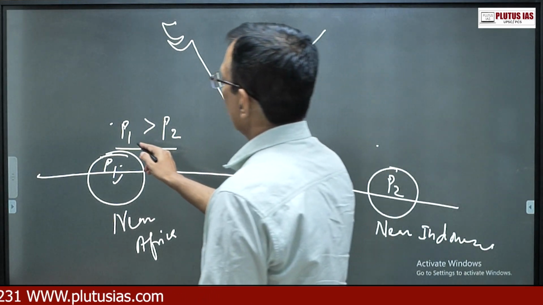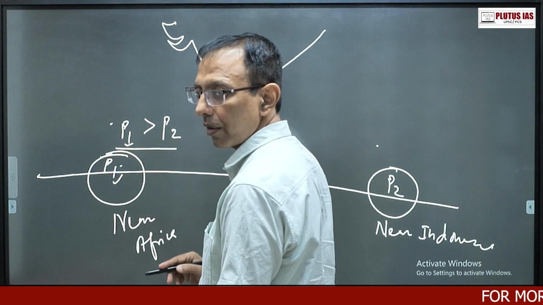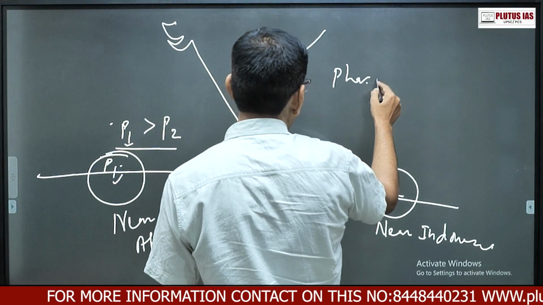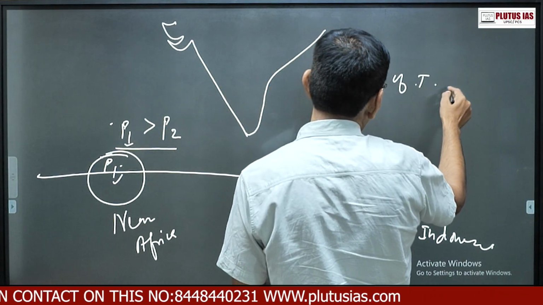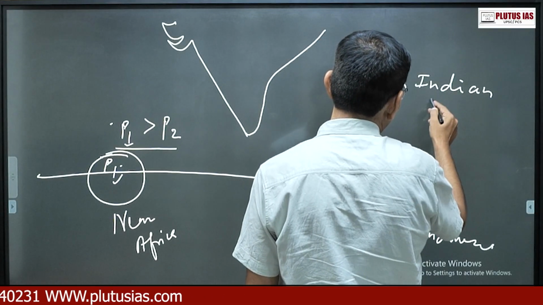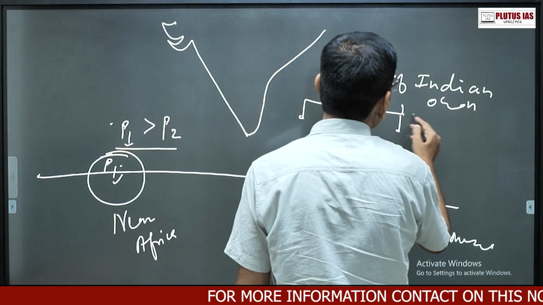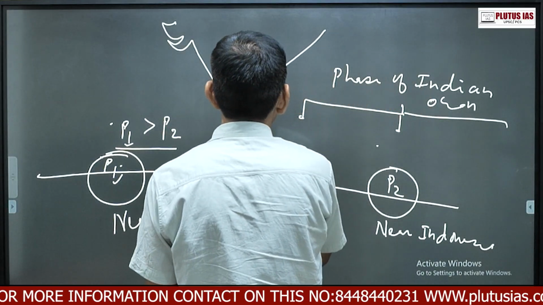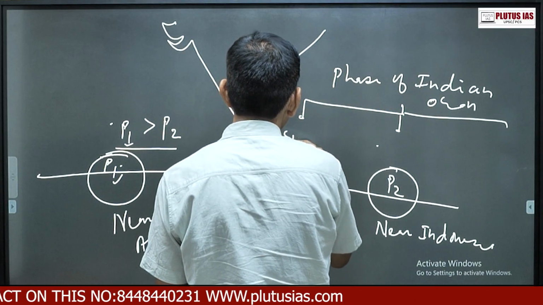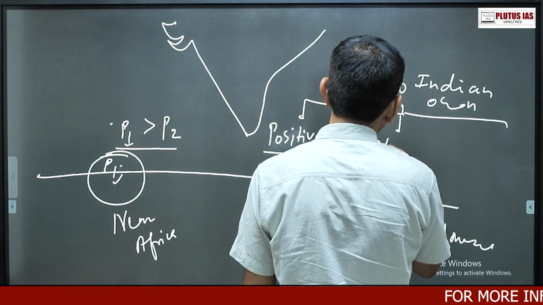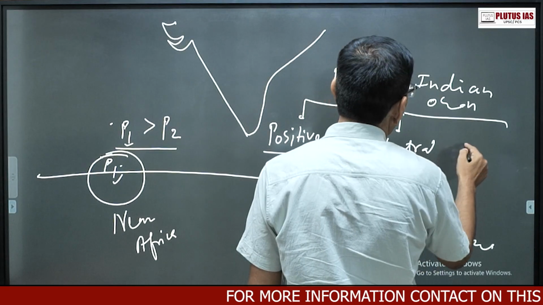So this pressure 1 is greater than pressure 2. The phase of the Indian Ocean is identified as positive, neutral and negative.